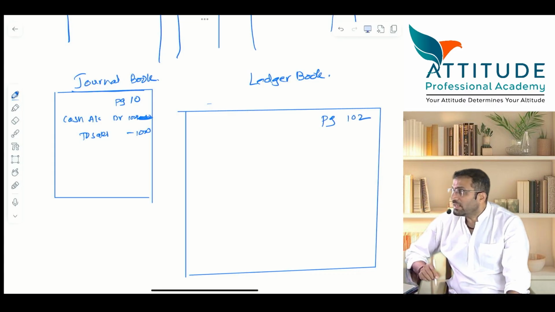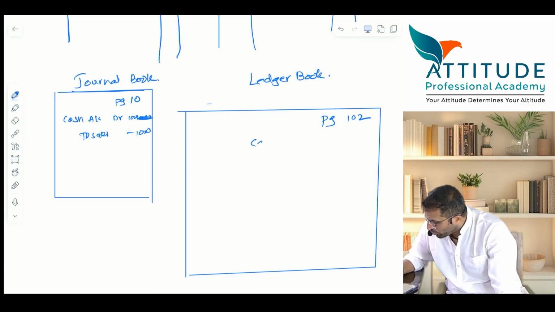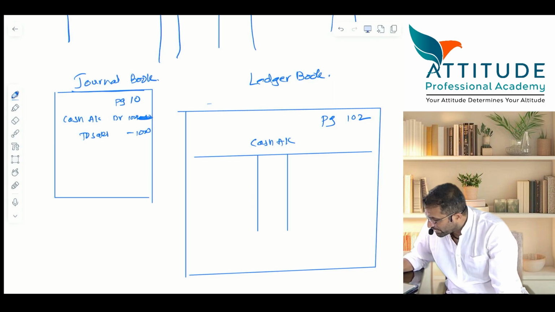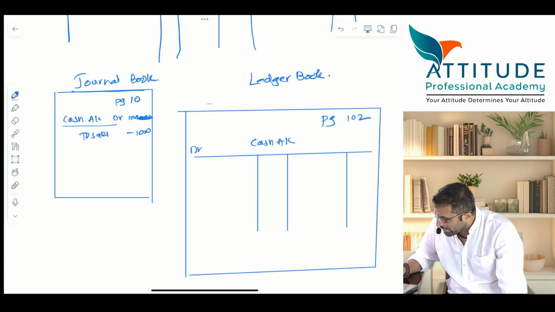On page number 102 you are opening the cash account. Now tell me, this journal entry is posted into cash or no? Post it to the cash account, debit to sales.